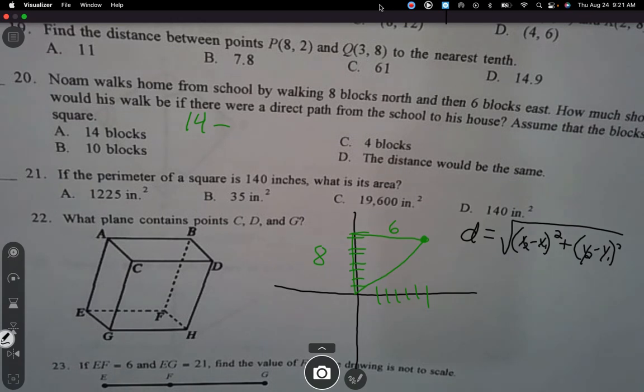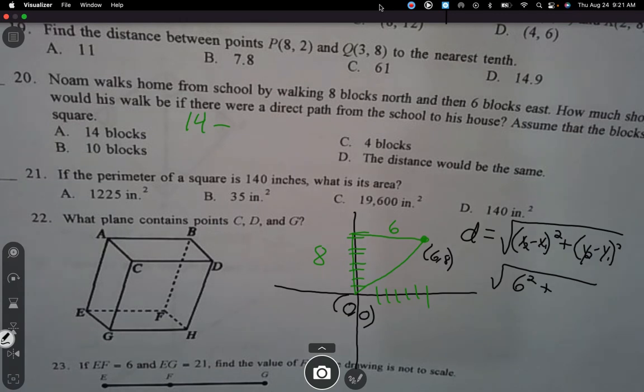So, I need my ordered pairs. What's this ordered pair at the origin? 0, 0. And what's this ordered pair? Over 6 and up 8. Now we subtract our x's. 6 minus 0 is 6.